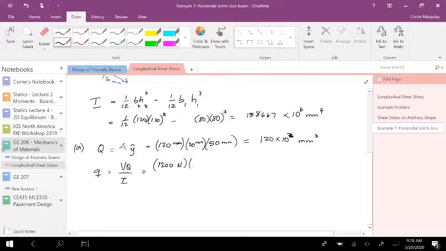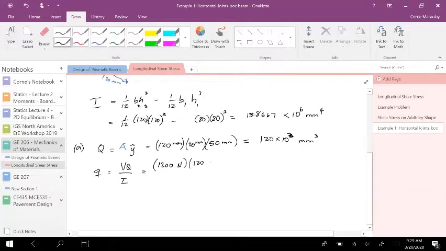V is 1,200 newtons. Q, we just calculated as 120. Let's see, we should put that in meters, so we're going to end up in Newton per meter. That's kind of where I'm trying to go here.